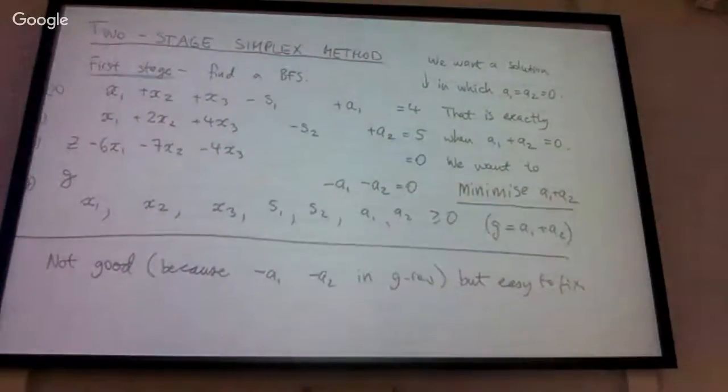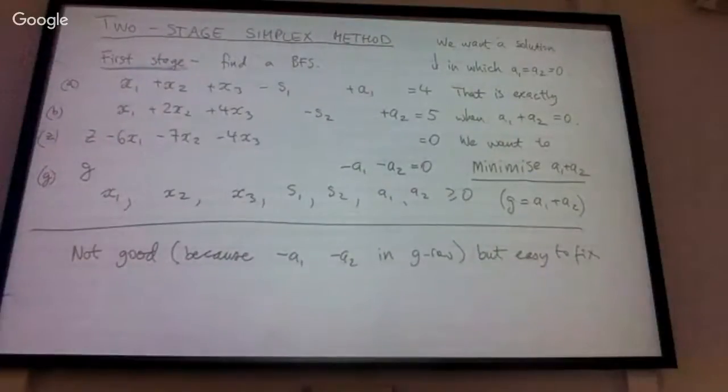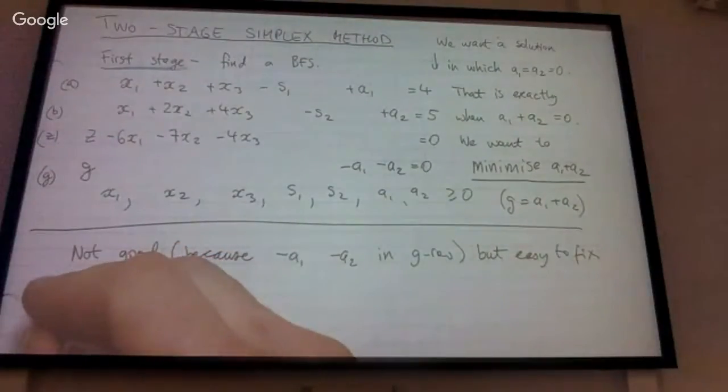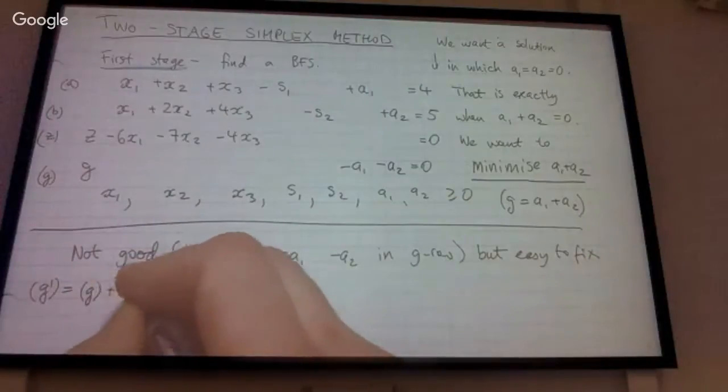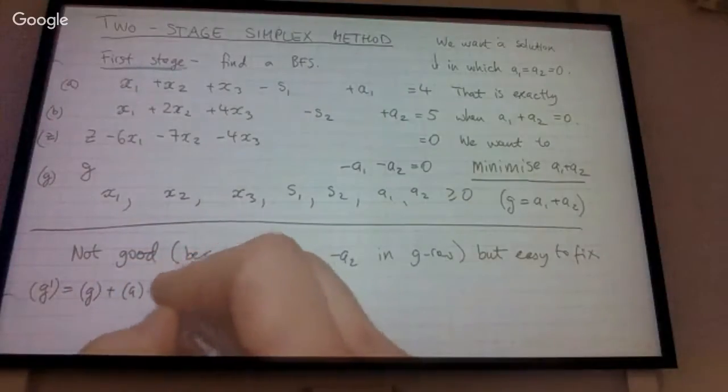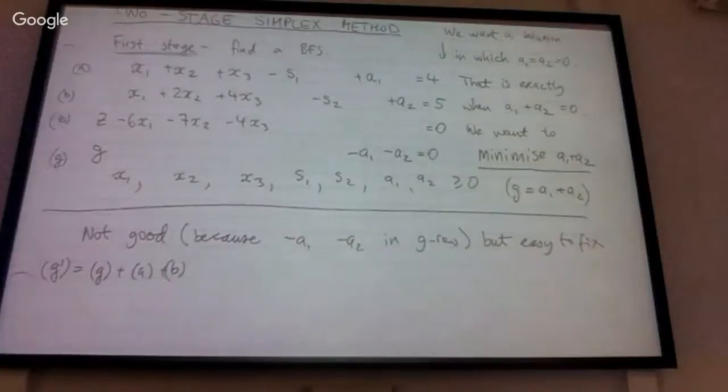So now I want the new G to be the old G plus A plus B, because I want to get rid of the two minus A's.